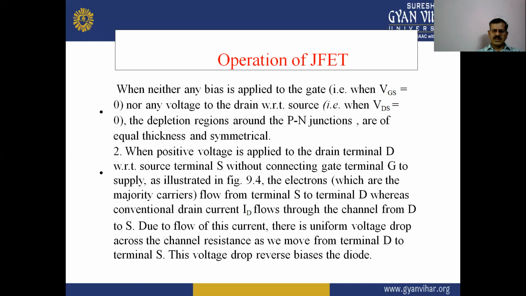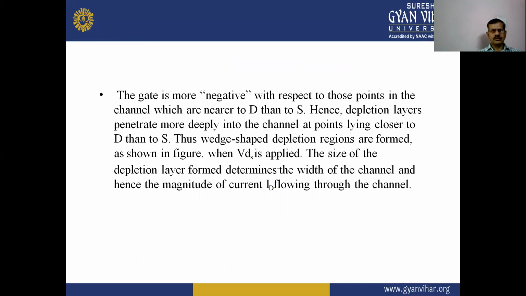Due to flow of this current, there is a uniform voltage drop across the channel resistance as we move from terminal drain to terminal source. This voltage drop reverse biases the diode. The gate is more negative with respect to those points in the channel which are nearer to drain than to source.